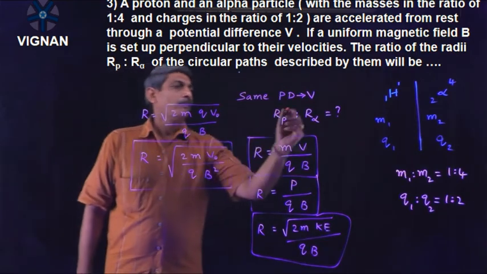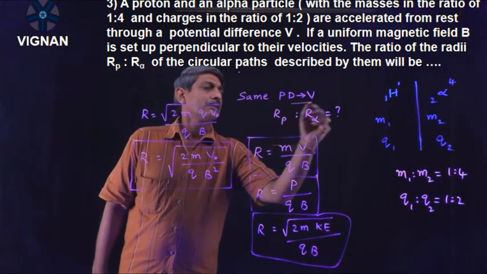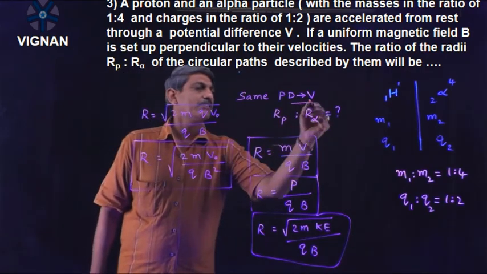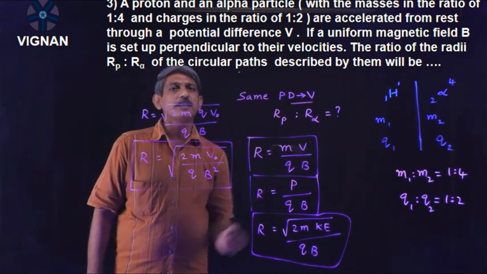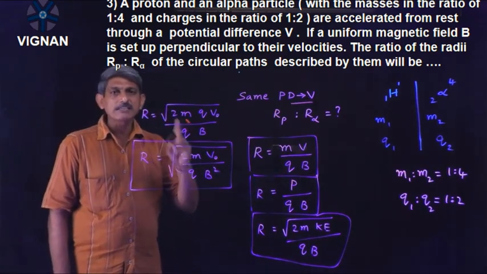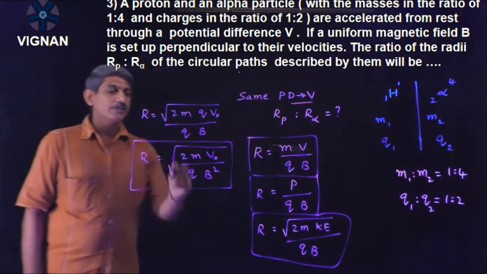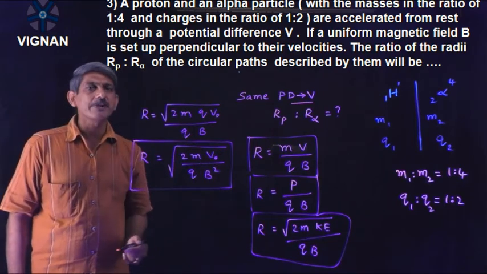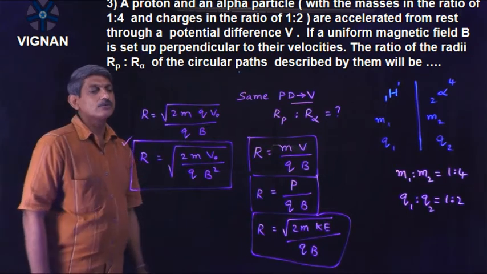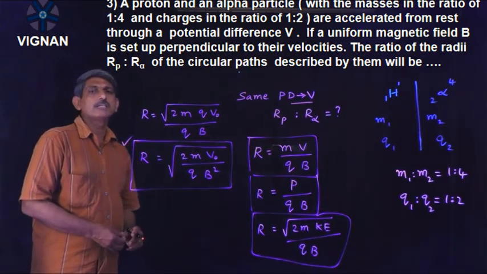Here, both are accelerated by the same potential difference. That's why the potential difference V is the same for all the particles, so we have to select the equation which contains the potential difference term. The fourth equation has the potential difference term.